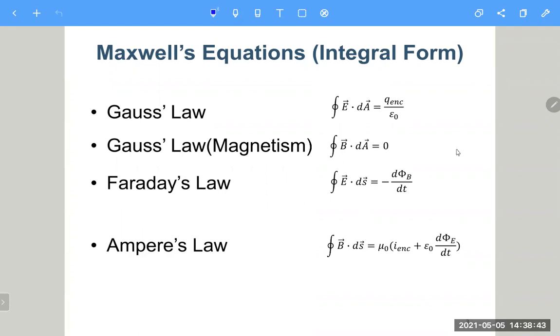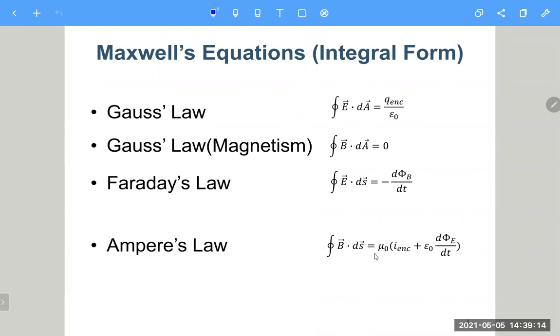The right-hand side is different: Q enclosed, the time derivative of the magnetic flux, and the current plus the displacement current. But anyway, on the left-hand side we can see different types of integral. So we call these four equations the integral form of the Maxwell equations.